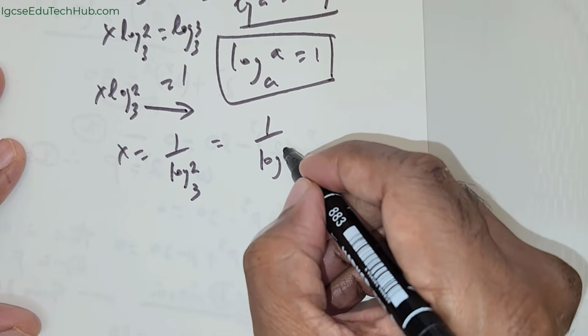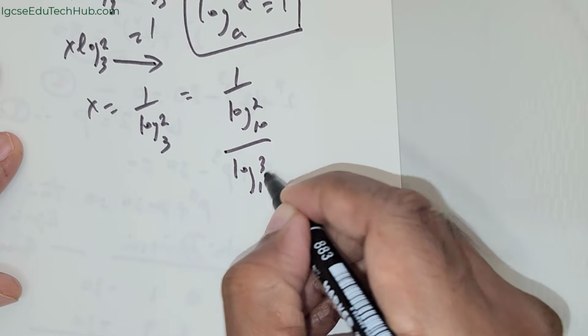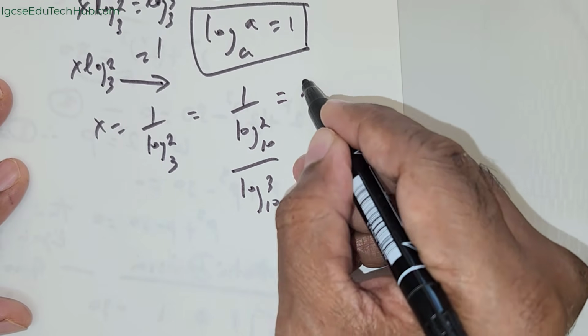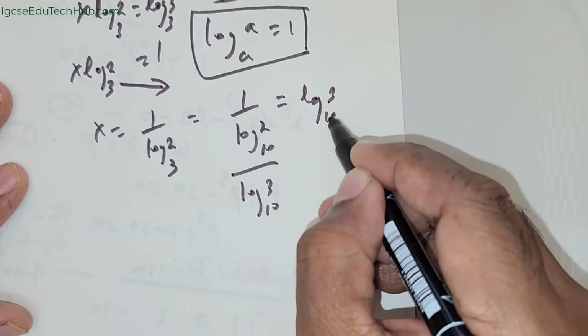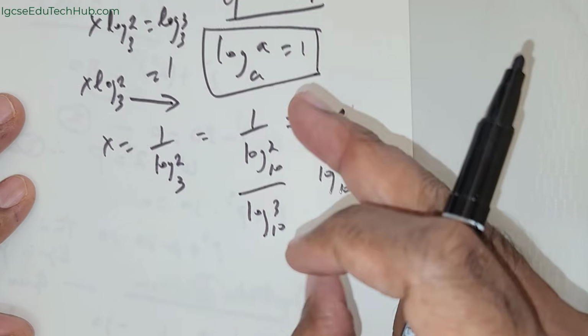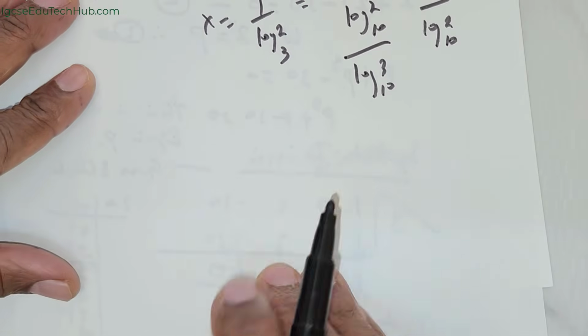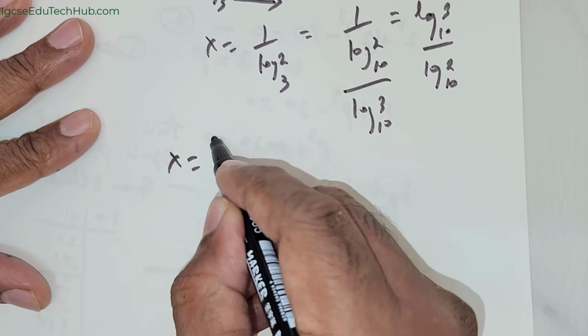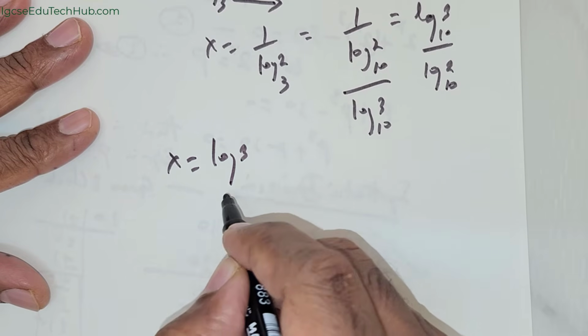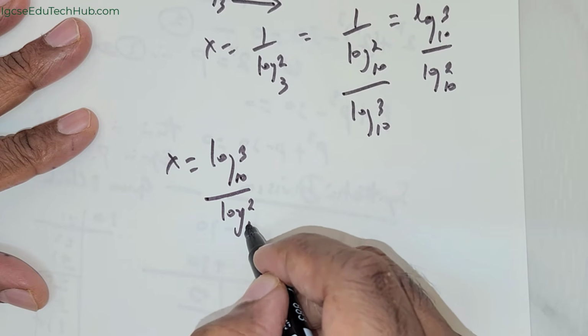So I'm going to write this as log 2 to the base 10 divided by log 3 to the base 10, and I flip this, so I get log 3 to the base 10 divided by log 2 to the base 10. So the x value is going to be log 3 to the base 10 divided by log 2 to the base 10.